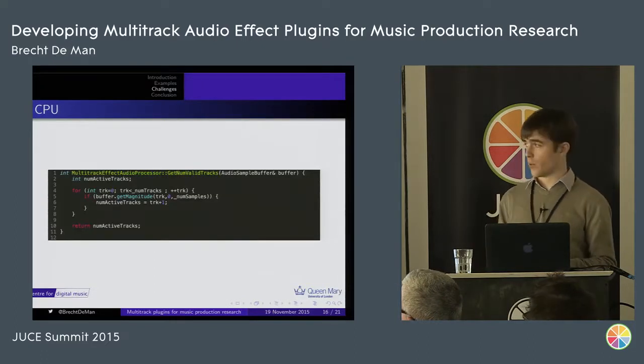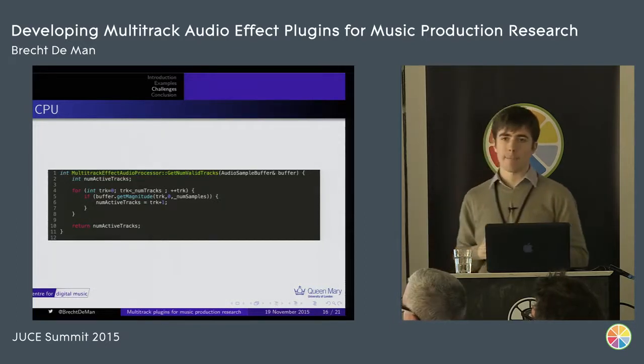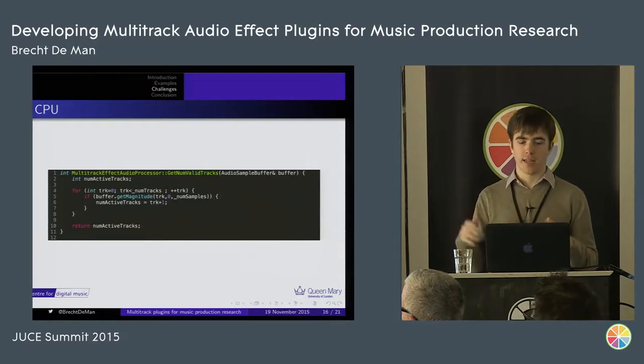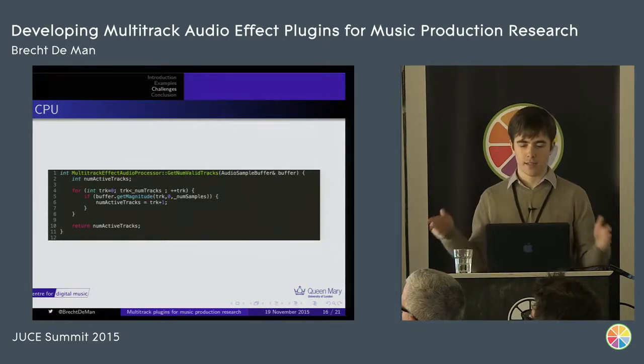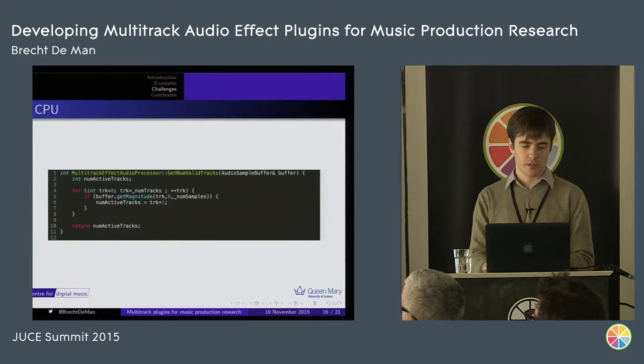There's a couple of tricks that we can do, like here we were checking which tracks were actually active, so is there anything going on in this track, in this window. And otherwise just ignore it, so that may or may not reduce your CPU load in some situations. But basically you just have to be mindful of good programming practice and making things efficient.